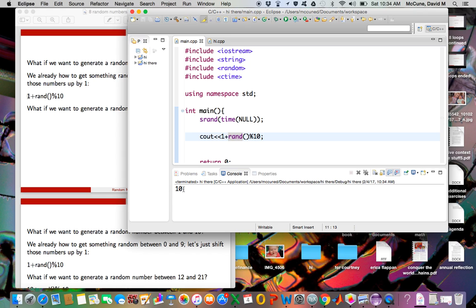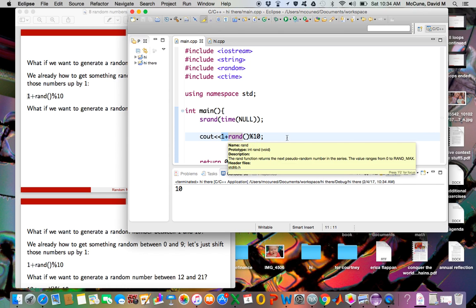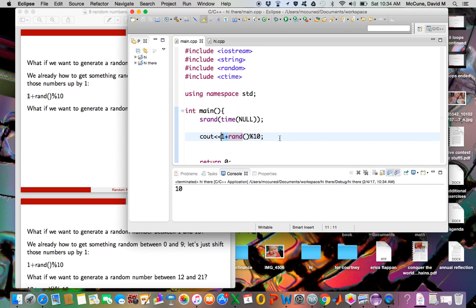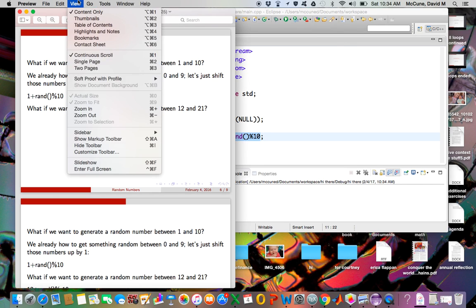We couldn't get 10 before without this 1 plus, because without it, 10 is not a possible remainder when you divide by 10. 9 is the largest possible remainder when you divide by 10. So what must have happened is that this right here generated a 9 for you, a remainder of 9, and then you kicked it up by 1 to get you 10.